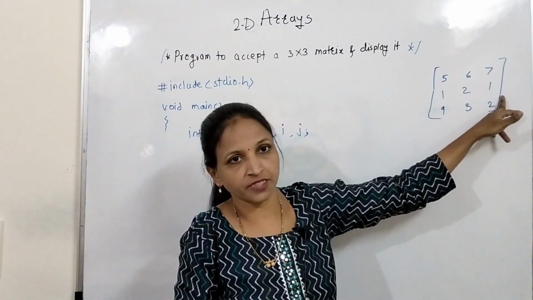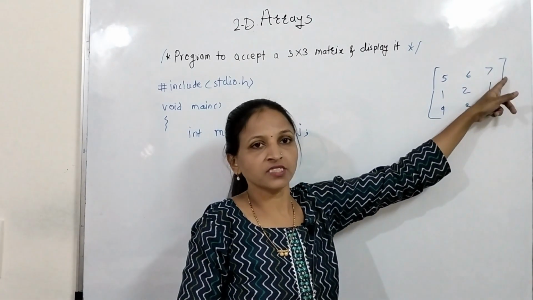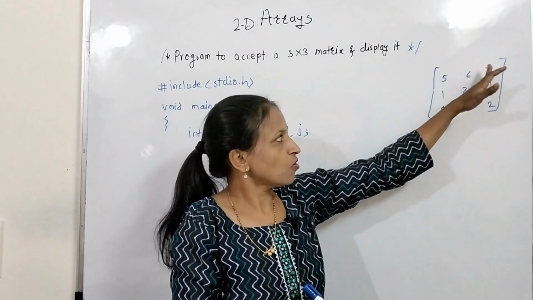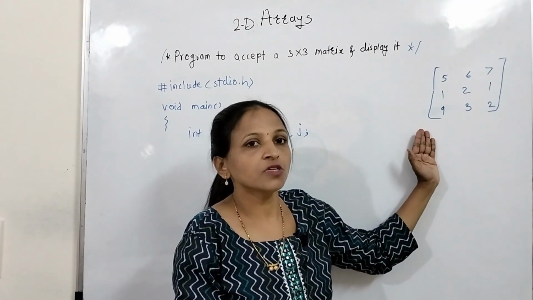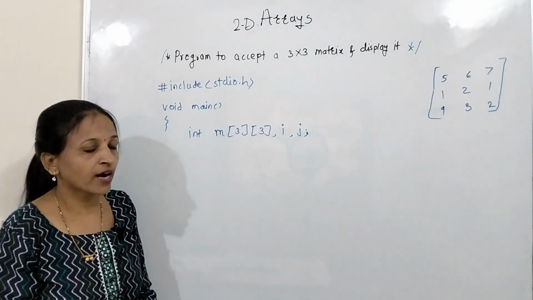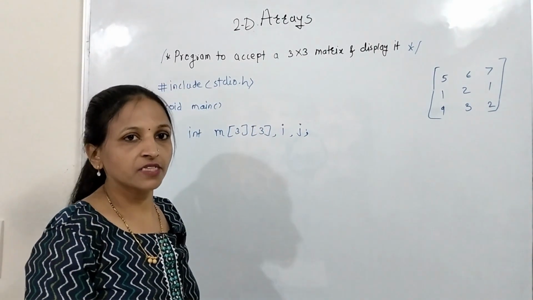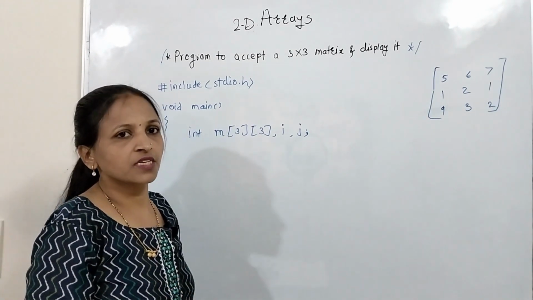Column will get changed. Here row dimension again same for all these 3 elements, column will get changed. And for that column we will use inner loop, for that row we will use outer loop. In this way we have to use nested for loop for handling these types of matrix programs. Again, handling two-dimensional array we have to use nested for.